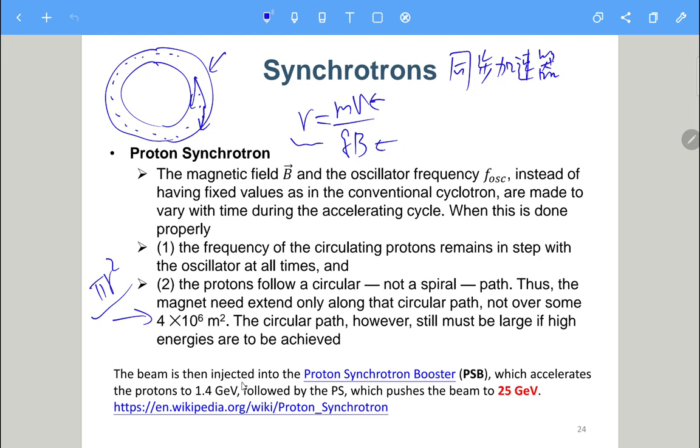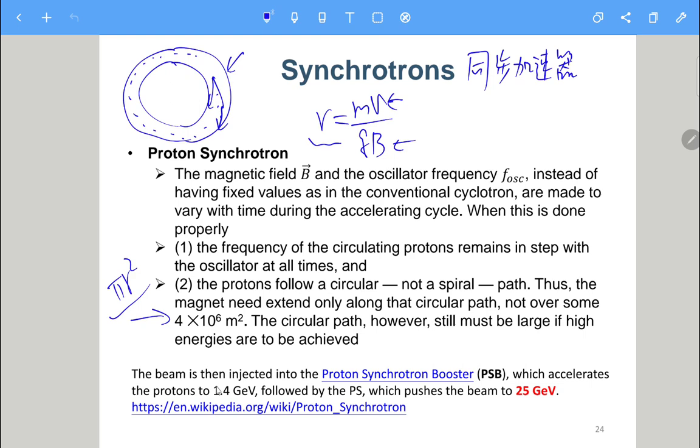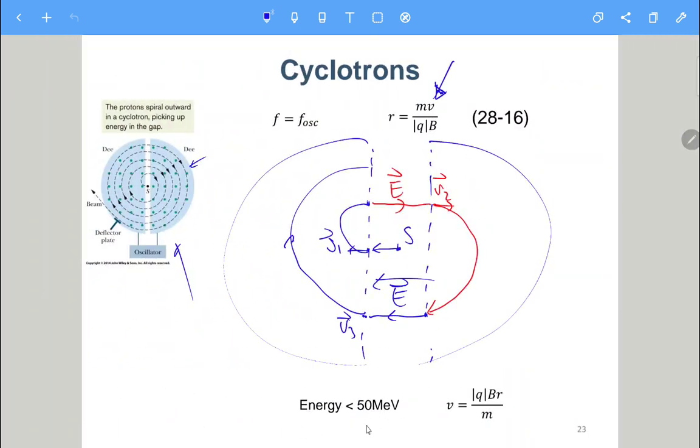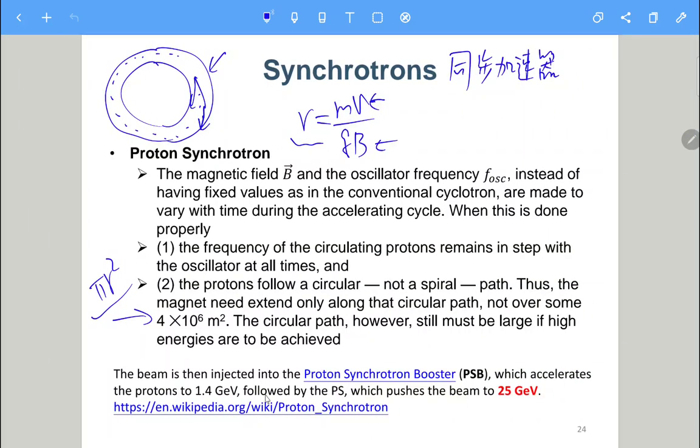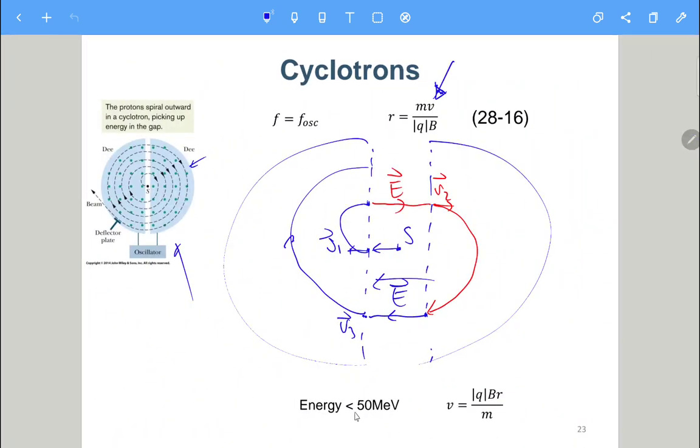It says the beam is then injected into the proton synchrotron booster (PSB), which accelerates the proton to 1.4 GeV. Compared with this one, which is less than 50 MeV, this one is 1.4 GeV, followed by the proton synchrotron, which pushes the beam to 25 GeV. So this is 25 GeV and this is 50 MeV, which is 500 times larger.